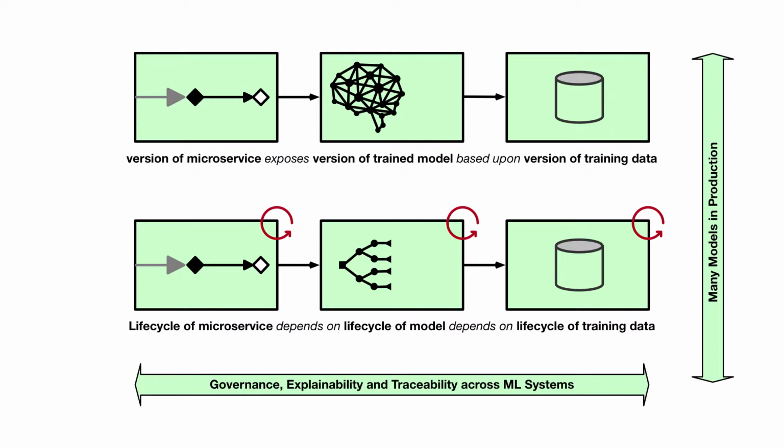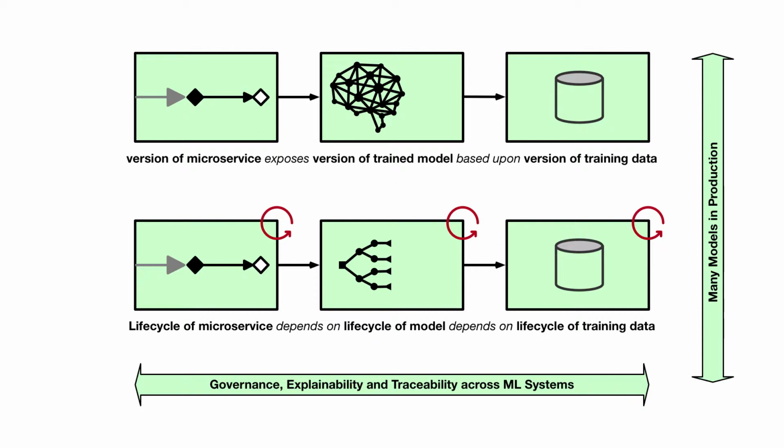So to bring this all together in a production environment, we have to be able to control the life cycle of our data. We have to control the life cycle of our trained models, and we have to control the life cycle of any production services that are consuming those models. We may also have very large numbers of models in production simultaneously.